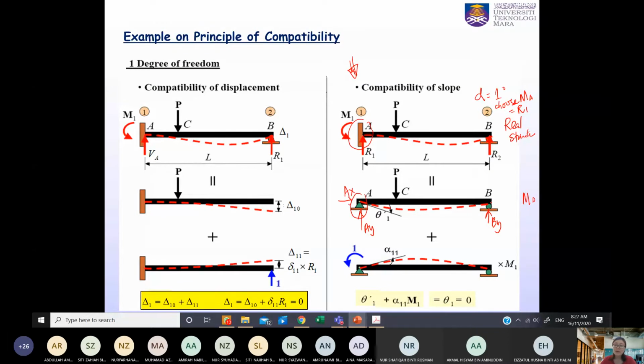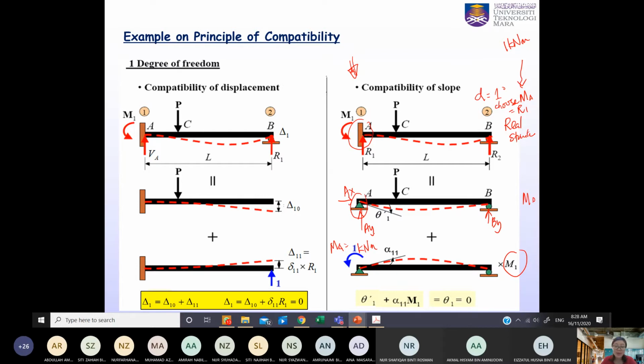Then, for the M1 structure, you need to apply back because you are choosing moments to be removed, right? So now you need to apply back 1 kilonewton meter for your R1. Where is your R1? It is MA, right? So now at your MA, you put a 1 kilonewton meter here, either clockwise or counterclockwise, you make your assumption.